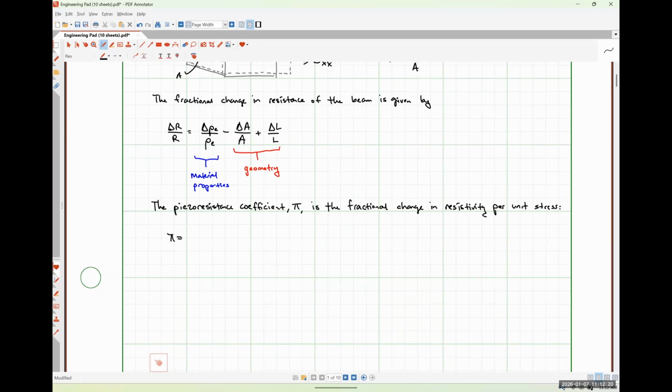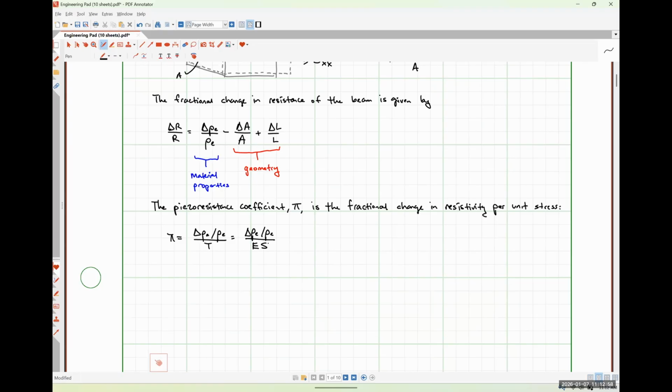Or mathematically, pi will be equal to delta rho E over rho E divided by our stress T. We could also express that as delta rho E over rho E divided by Young's modulus times strain. So this equation looks fairly straightforward. However, piezoresistivity is an anisotropic property, meaning that the directions are very, very important.